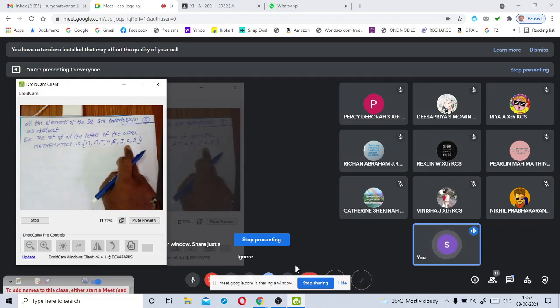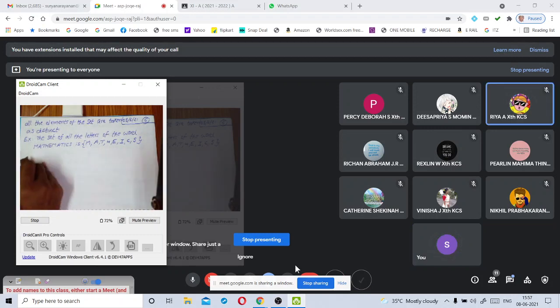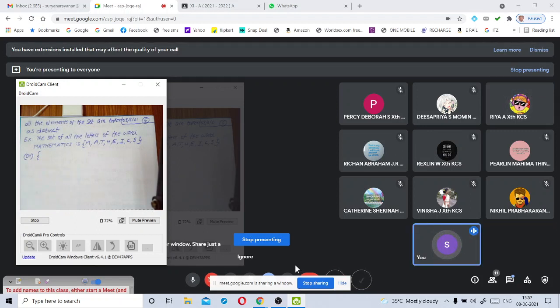Understood this example, my dear children? Sir, doubt. What, my dear Ria? Sir, shouldn't the elements in the set be small letters? But here we have to take these letters only. It is already clearly given, the letters of the word. So we should write the capital letters only, not lowercase letters.